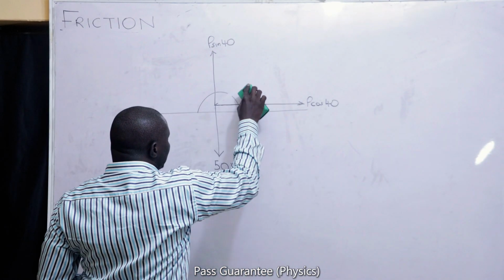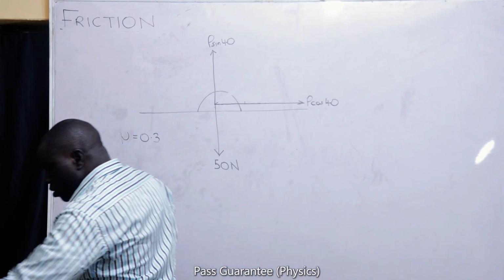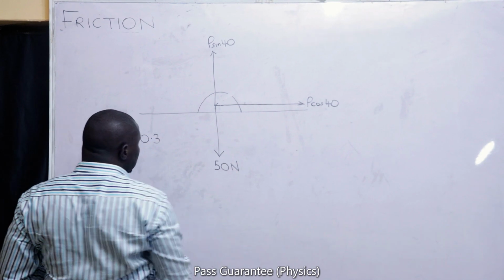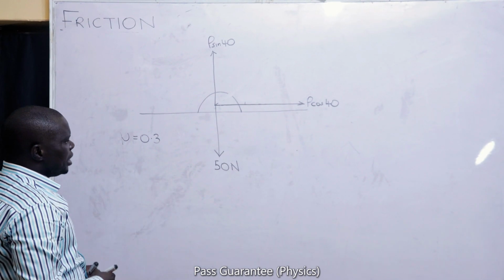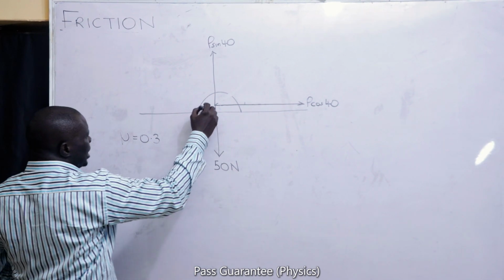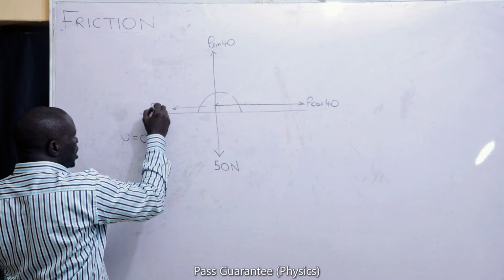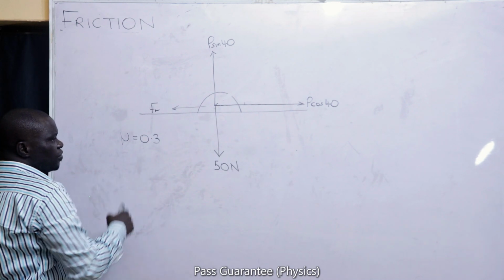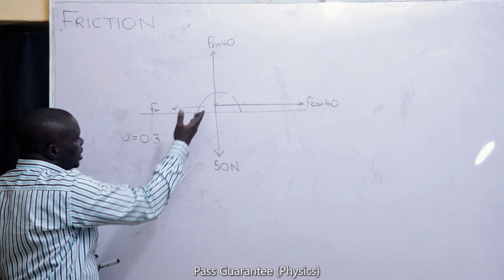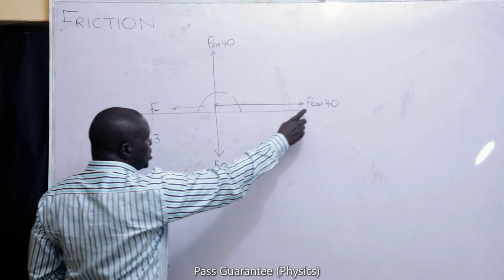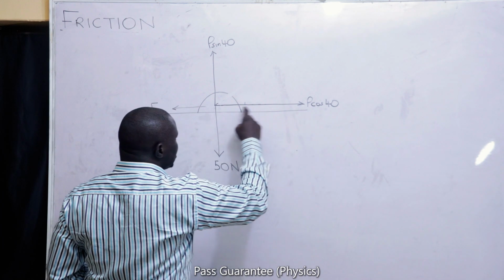And by now, you should start to understand the topic one step at a time. So we can now get the friction moving in the opposite direction. It has a friction because it has a coefficient of friction. Why did I know that the friction is in this direction? Definitely this P cos 40 is trying to move that object.